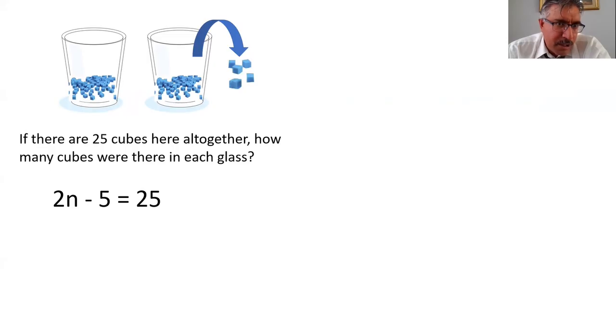So how much would there be in the 2 cups before you took away the 5? Because after you took away 5, there's 25. That's right, 30. So in the 2 cups, you've got 30. So how many cubes are there in each cup? Well done if you said 15. Okay.